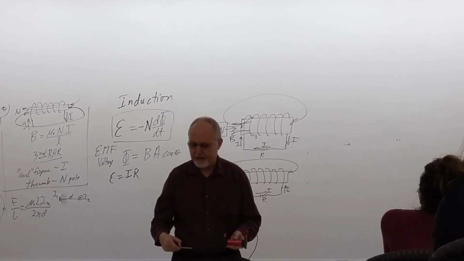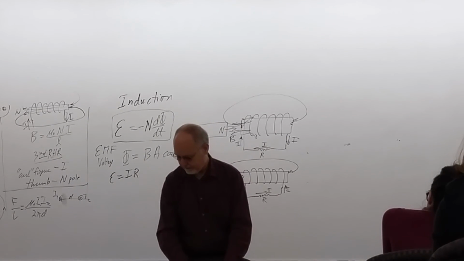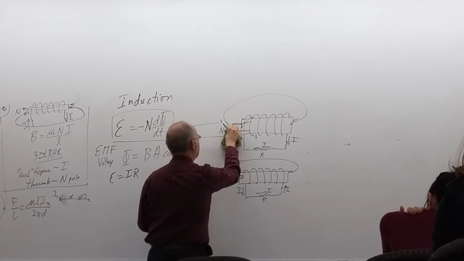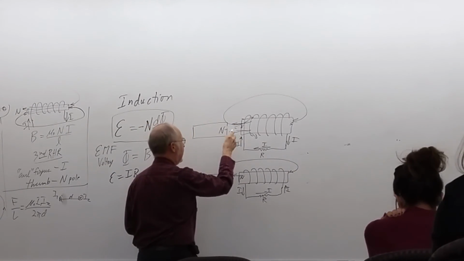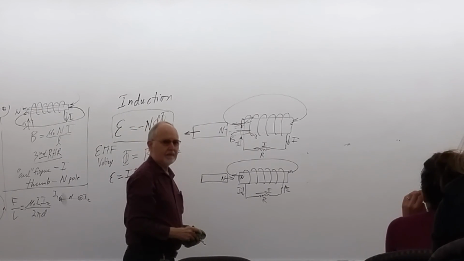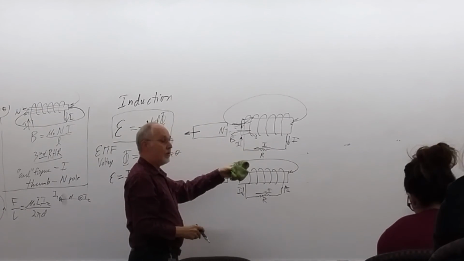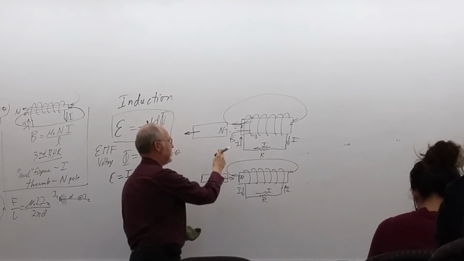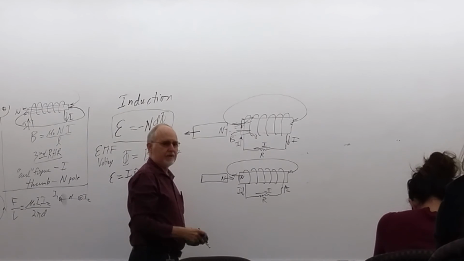Now, what about when I'm pulling it out? So if I had this top one up here, instead of moving the north pole in, what if I'm moving this magnet away from it? Well, again, the current wants to oppose that, try to slow it down. So that's the north pole getting further away from this coil.